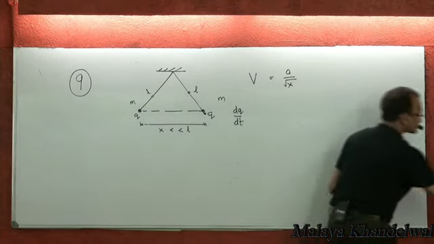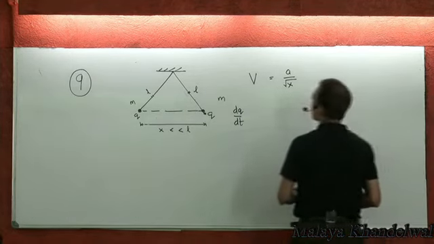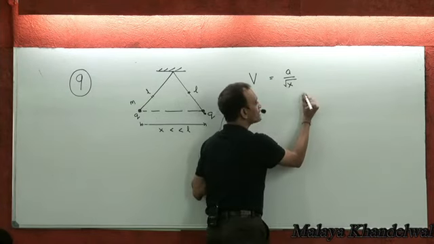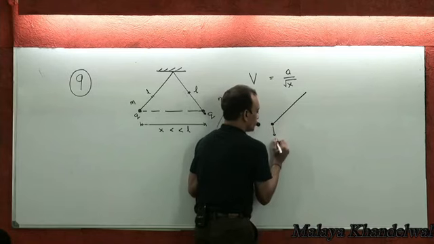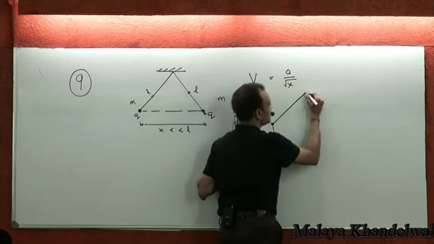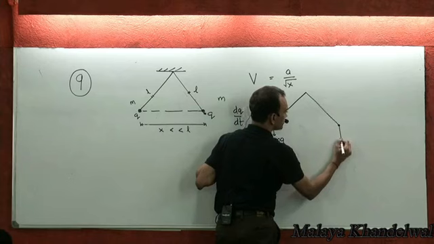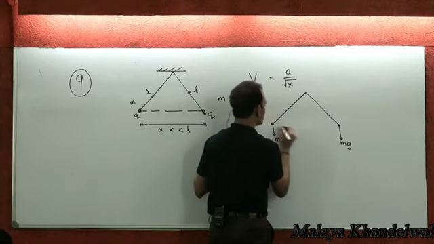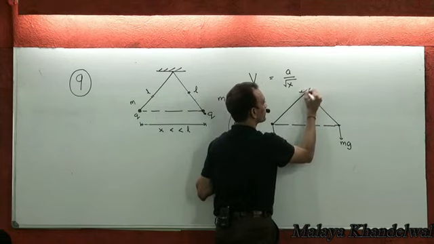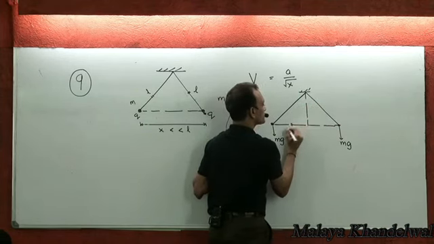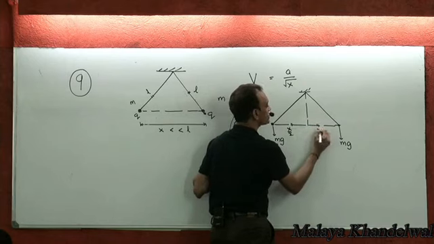Now, it is easy to see that at any given instant, when this has charge q, mass m, weight mg acts downwards. This is the separation between them, x, so this is x by 2, halfway.